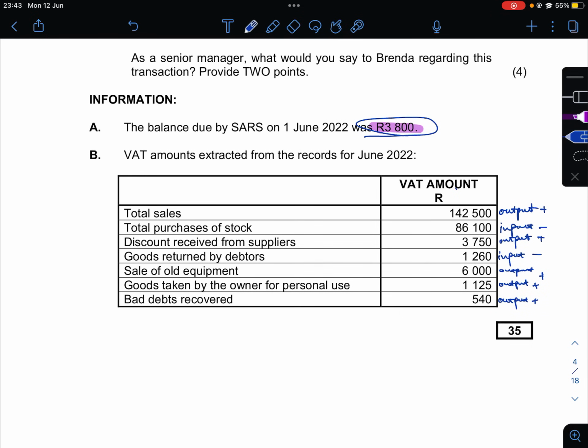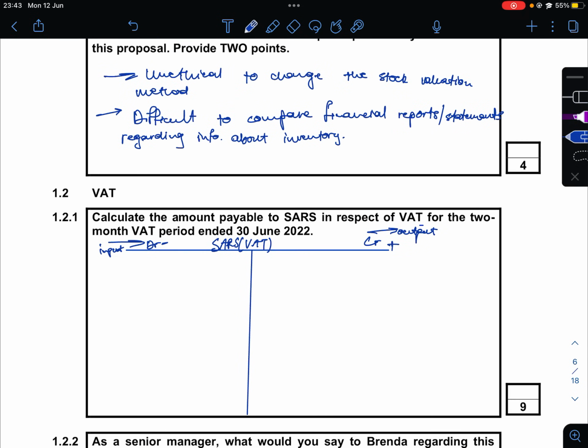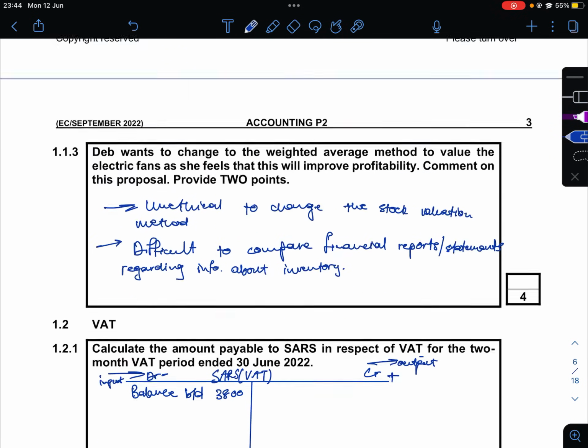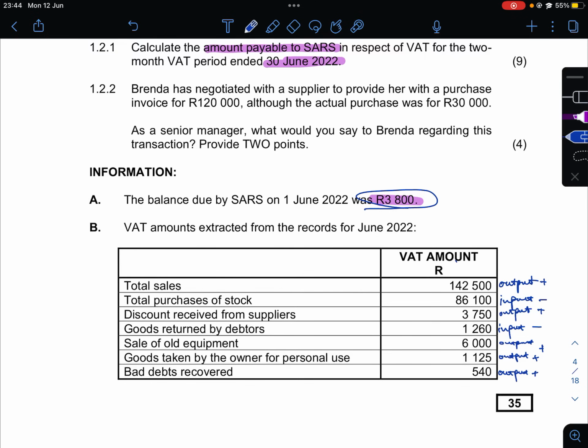Now we move to our T account. And then on our T account, what we had first is a balance of 3,800, the balance brought down. So the balance brought down, how do we get it? It's due by SARS.